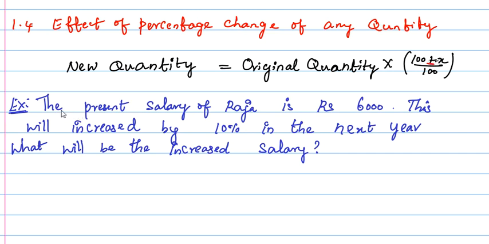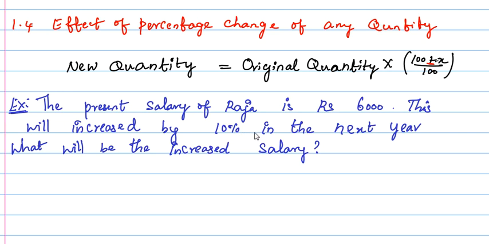I think you can easily understand this by using a problem. Read the question. The present salary of Raja is rupees 6,000. This will increase by 10% next year. What will be the increased salary?